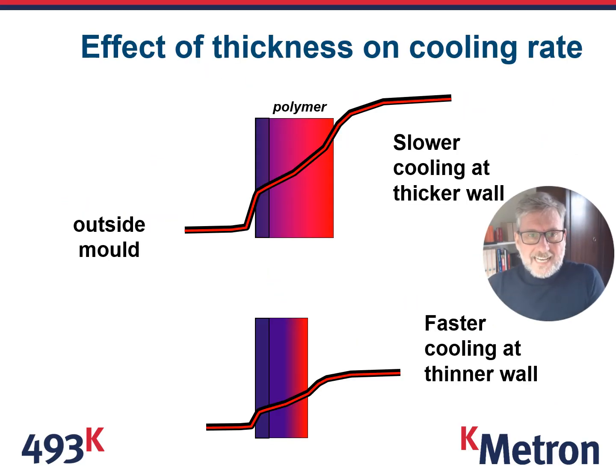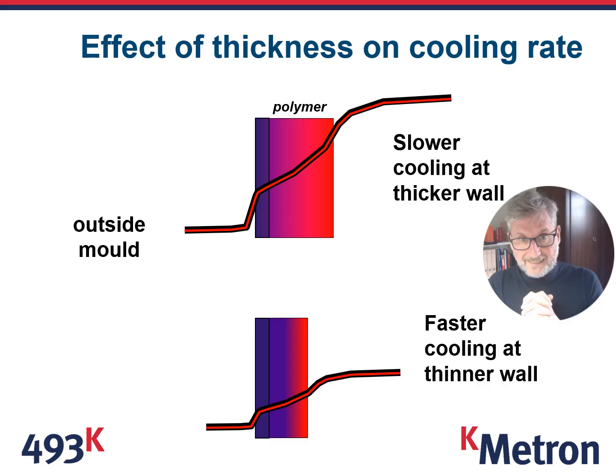So how else can the thickness of your rotomoulded part affect the quality of the finished product? Well, variation in thickness will have a variation in cooling rate across that part. So what?